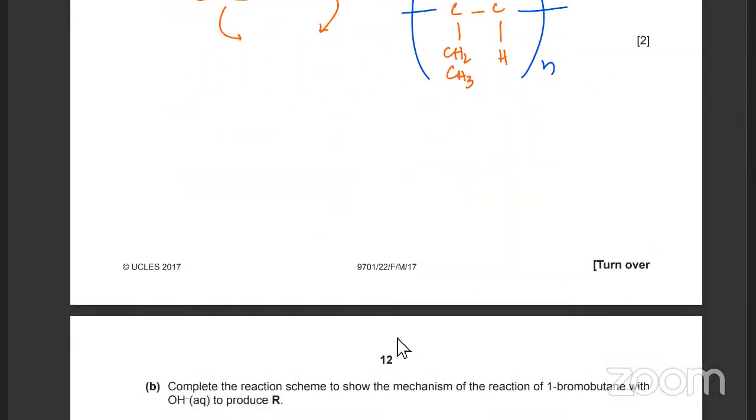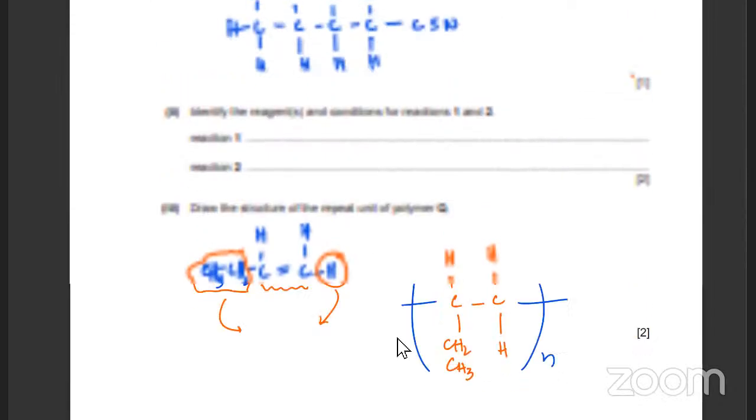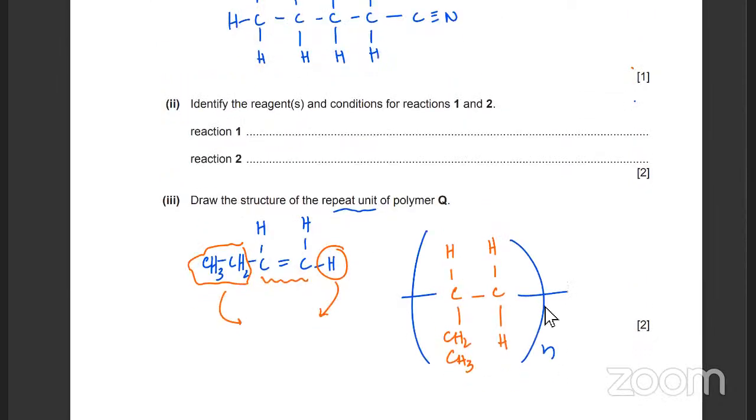Yes, sir. In that case, we don't show the bonds of continuation? You show the bond of continuation. You always show the bond that the structure is continuing. Right. So what's different then? It's the same thing, no? Nothing different.